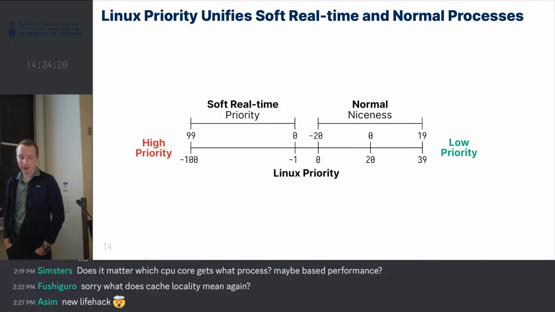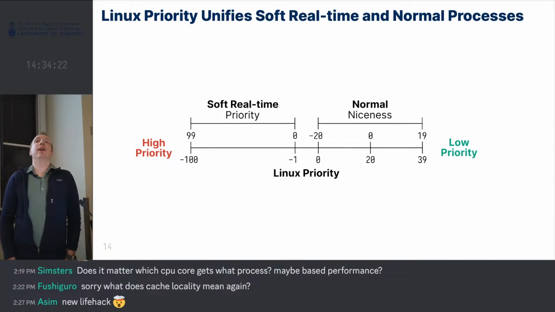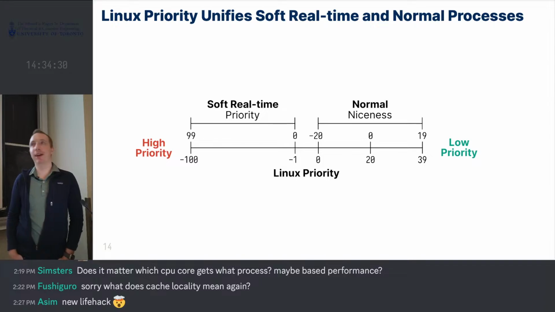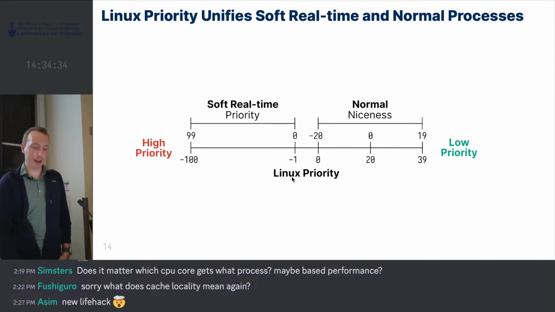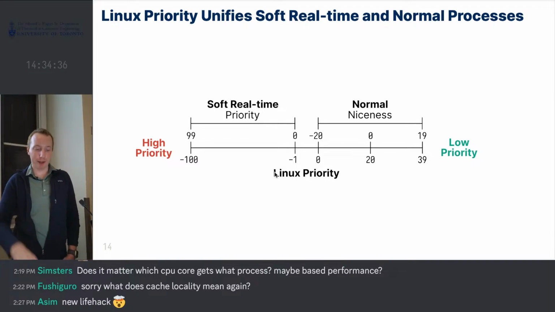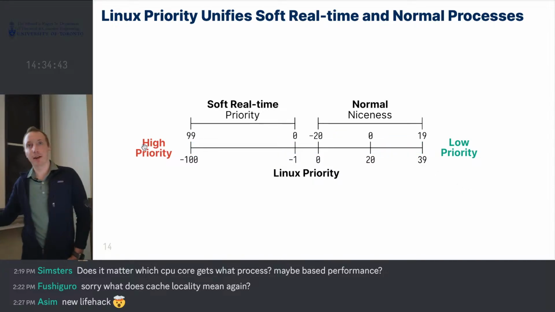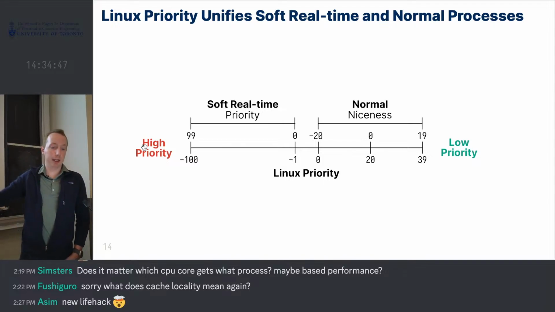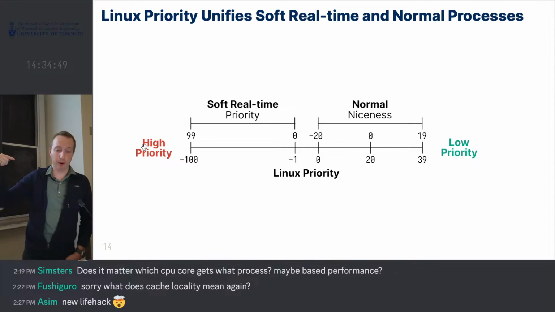So what does that look like? Linux tries to map all the normal and real-time priorities on a single scale, and it gets fairly complicated, so this summarizes it. Here we have Linux priorities at the bottom, which range from -100 to 39, and on this scale, anything to the left is high priority, and anything to the right is low priority.